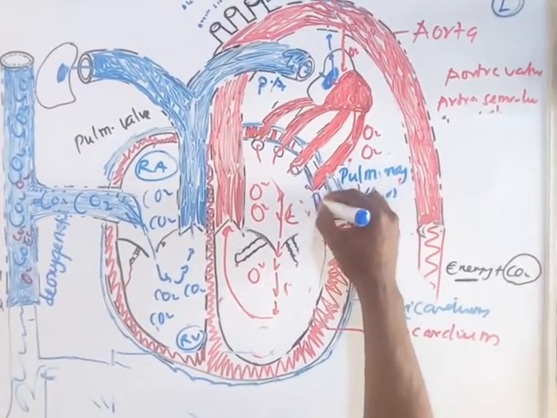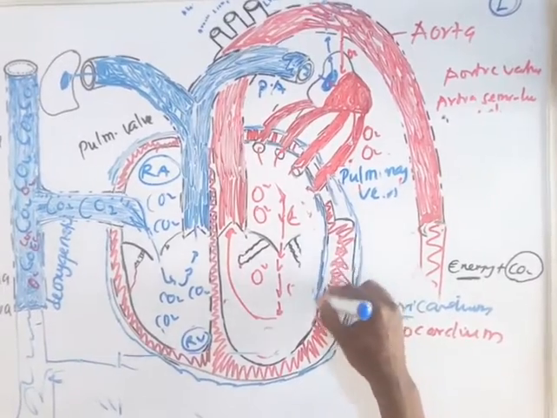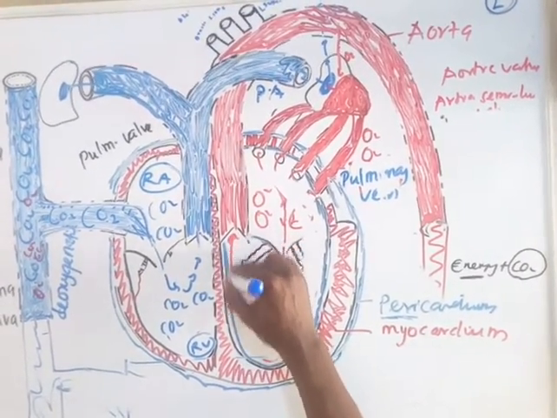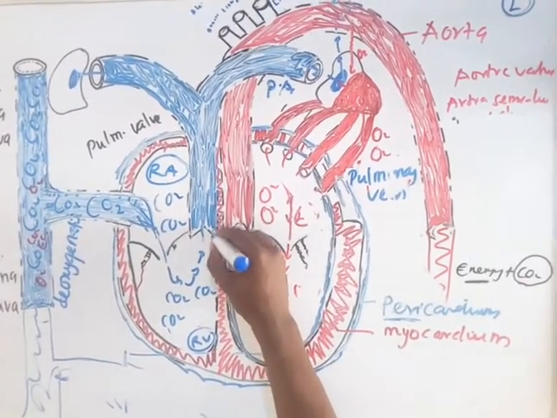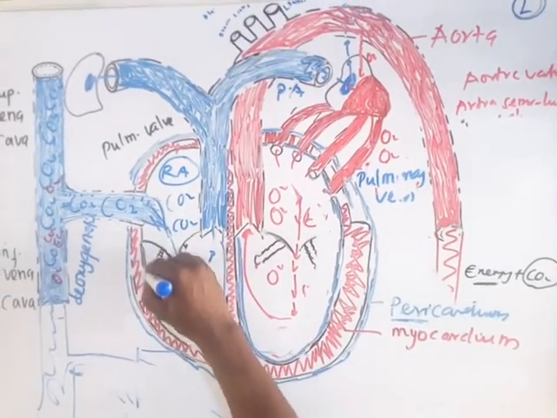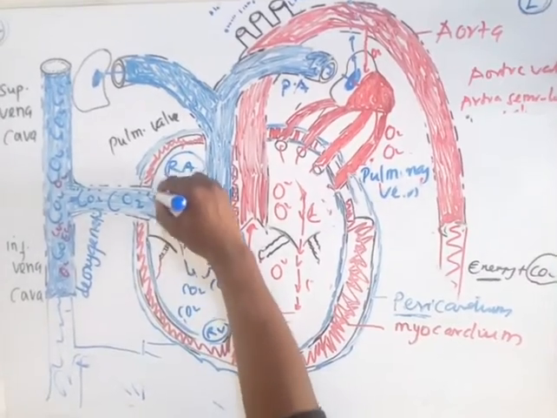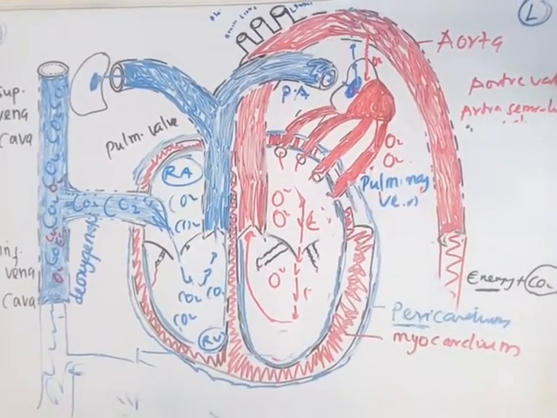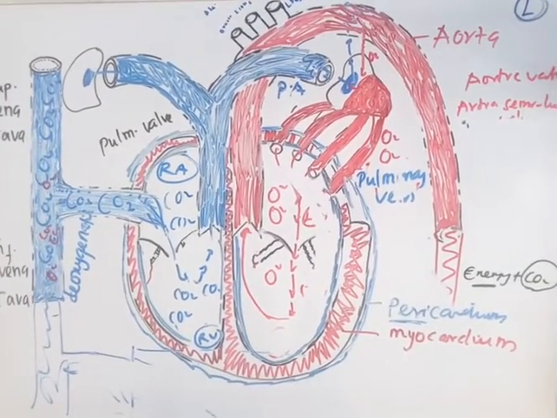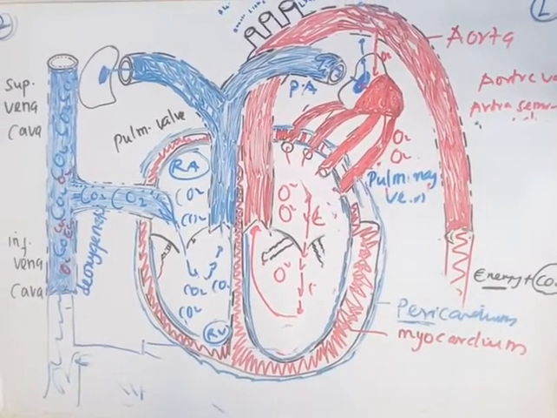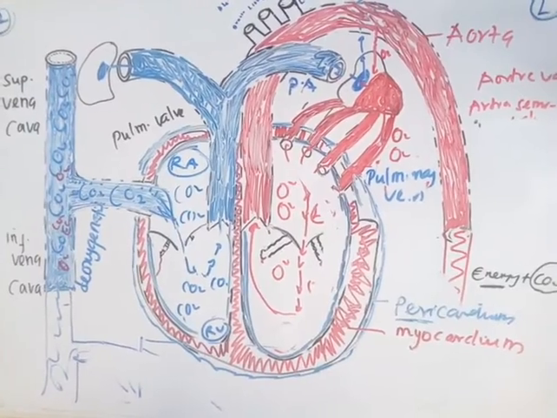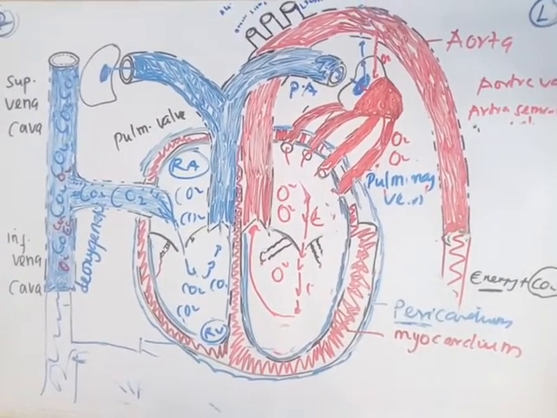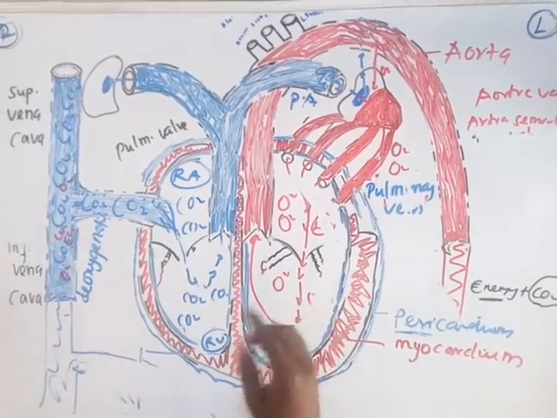It is made up of squamous endothelial cells, and it's a very thin layer with a very smooth surface, which ensures the blood flows smoothly.